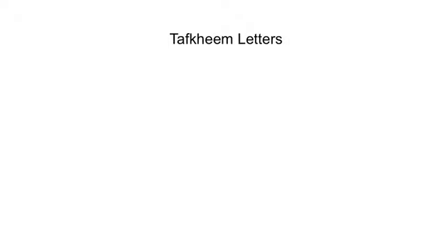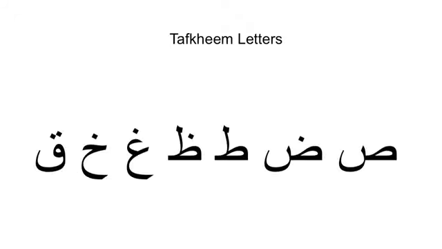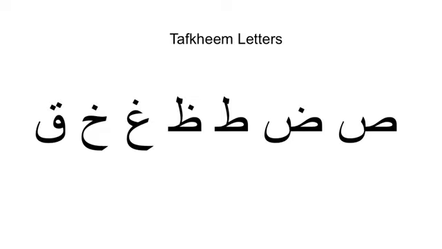There are sad, dad, ta, za, ghain, kha, and qaf. Those are the 8 letters. I'm sorry, not 8. It's 7 letters: 1, 2, 3, 4, 5, 6, 7. Those are the tafkhim letters. Their characteristic is that they're always pronounced heavy.